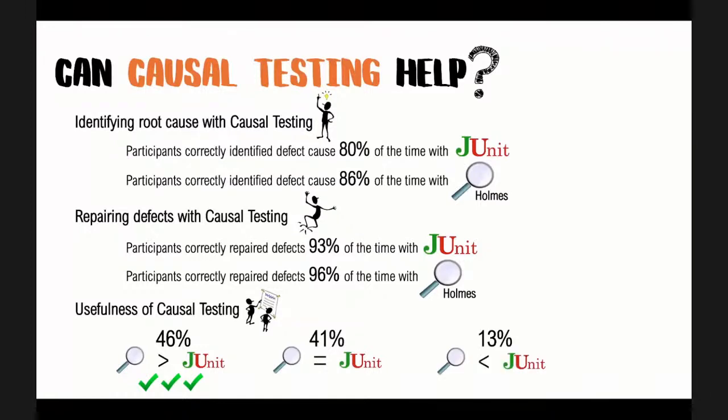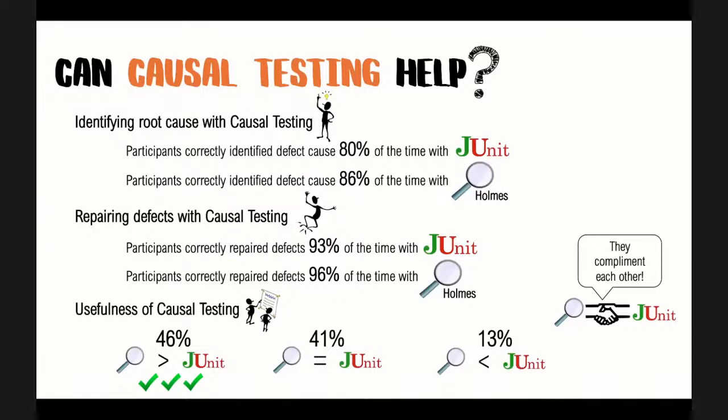A small percentage of participants felt that JUnit was more useful, often citing higher familiarity with JUnit and its interface. But, as we intended, the majority of participants felt that Holmes and JUnit complement each other and both provide useful information for debugging.